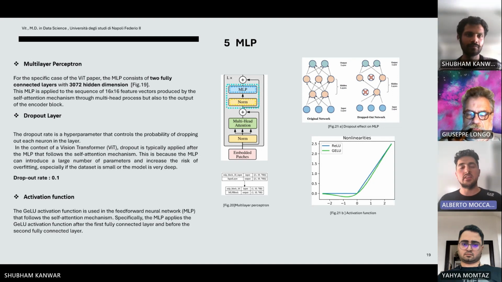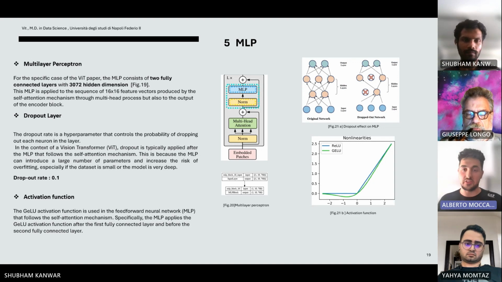The interesting aspect here is that in the paper GELU was used instead of ReLU, because of its nonlinear pattern that helps during the backpropagation process, and a dropout layer with rate 0.1 is used in order to avoid overfitting during the process.